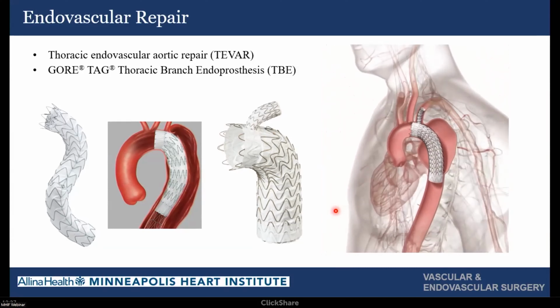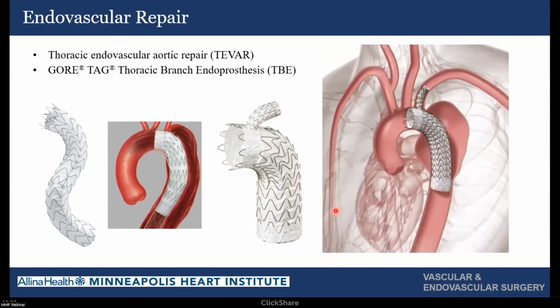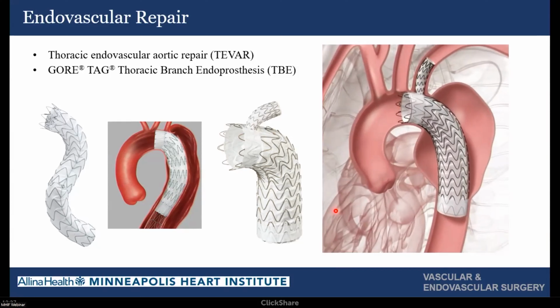As you can see, it takes about 2 minutes to do this whole procedure. Just kidding. So it's a promising device. It showed similar stroke rates to surgical revascularization with intentional covering of the left subclavian artery. So I think we'll start seeing this device used more and more.